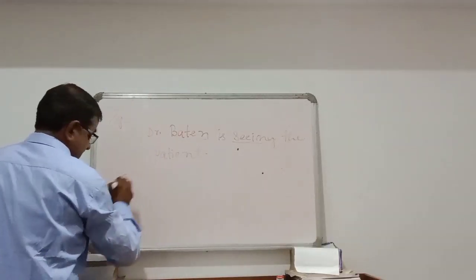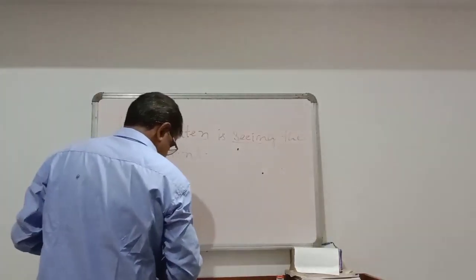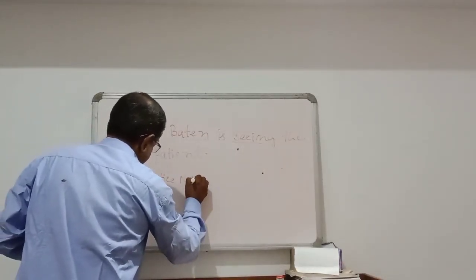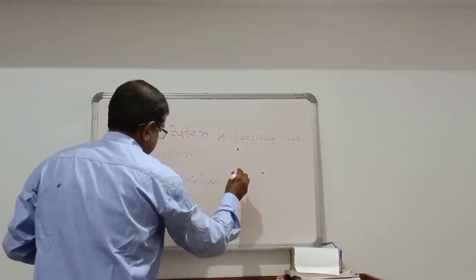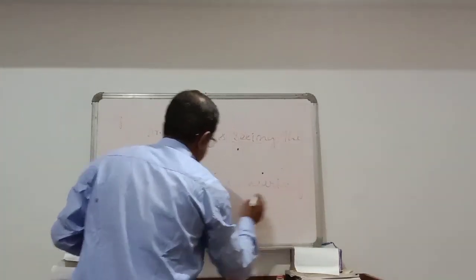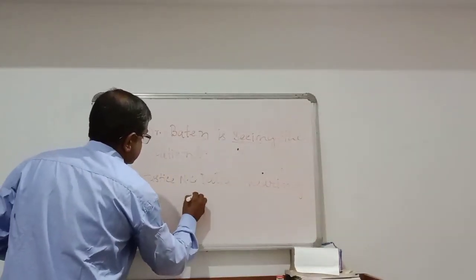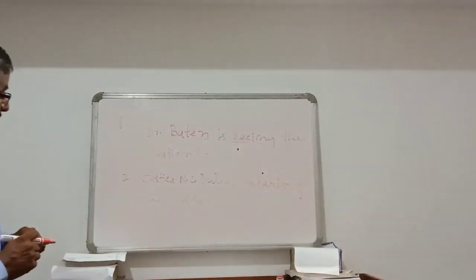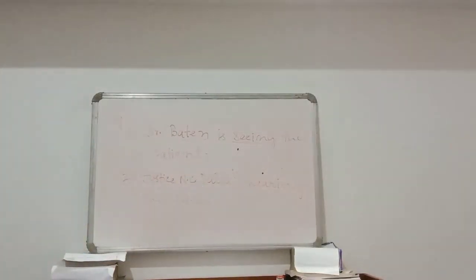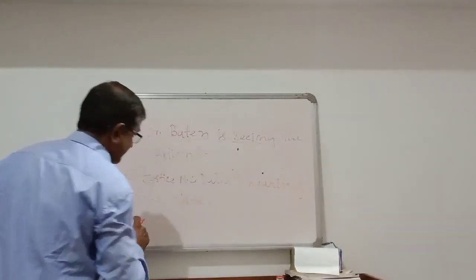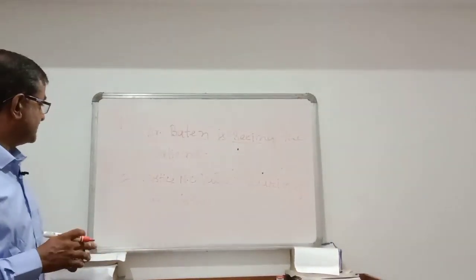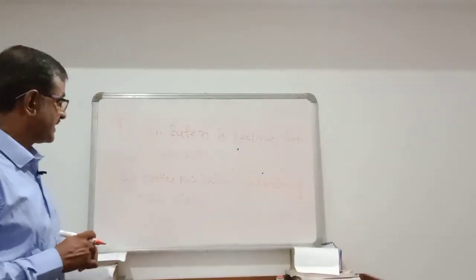And one more example, you see, Justice N.C. Dotto is hearing the case. Justice N.C. Dotto is hearing the case. So here a case is being heard by Justice N.C. Dotto.